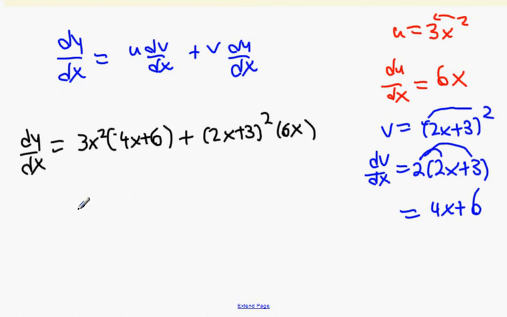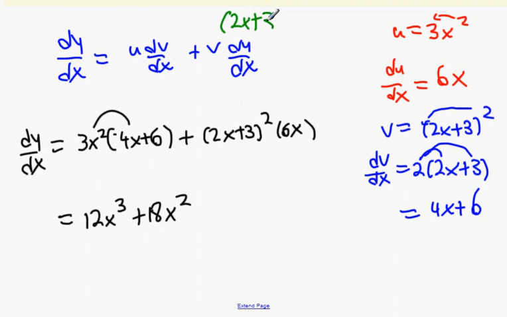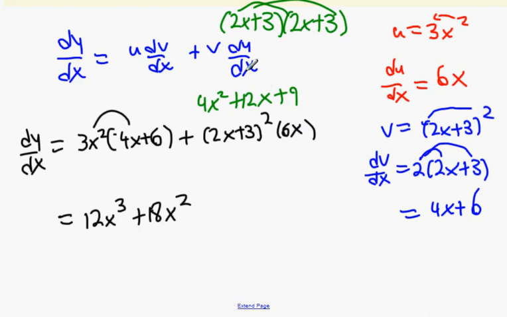Now, what we can do here is this. Multiply in: 12x cubed plus 18x squared. We're going to square this out. So we're going to do (2x plus 3)(2x plus 3). We're going to get 4x squared, then 6x plus 6x, which is 12x, plus 9. And then all in one swoop, we're going to multiply each of them by 6x to get 24x cubed plus 72x squared plus 54x.